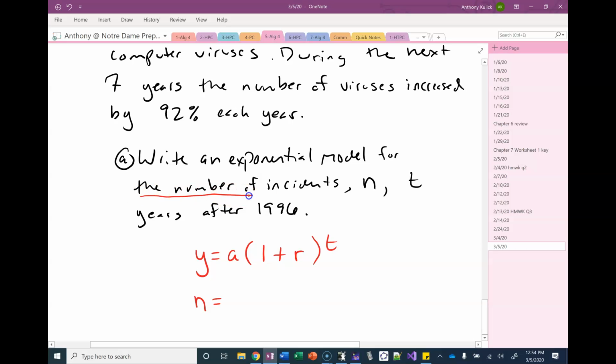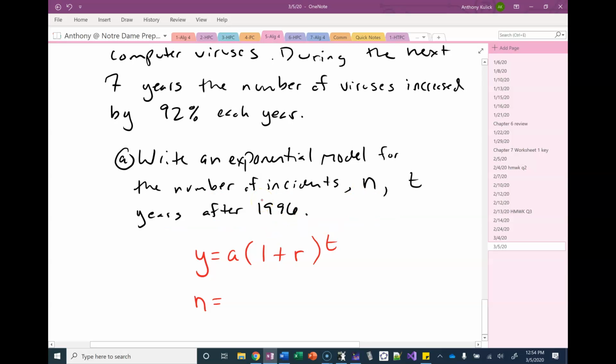The number of incidents is n, t years after 1996. That is a future value, right? That's the future amount of computer viruses. Okay? So that's what we're going to put in place of y.